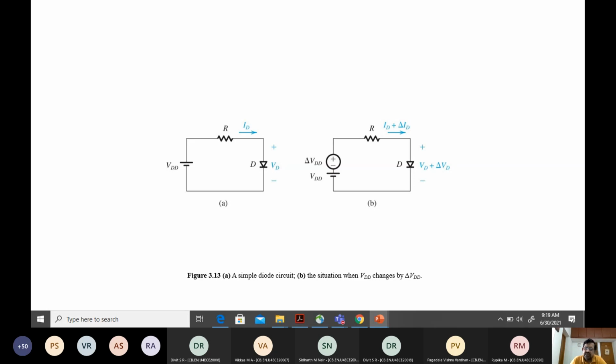So you can see here I have put this symbol with delta VDD. There is a corresponding change in the voltage drop across the diode, and also in the current that flows through the current limiting resistor connected in series with the diode.